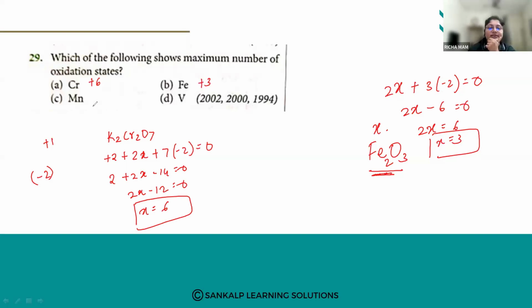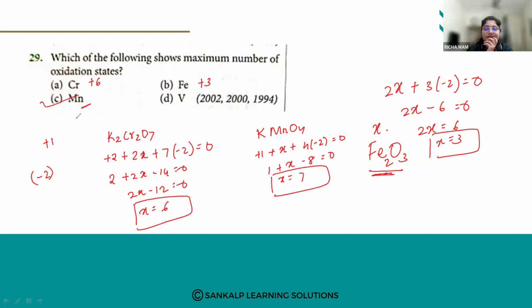This is plus 3. Next is manganese. I'll take KMnO4. Again, potassium is plus 1, Mn is x, 4 into minus 2 equals 0. Solve this: plus x minus 8 equals 0. So x is equal to 7. So which of the following shows the maximum oxidation state?